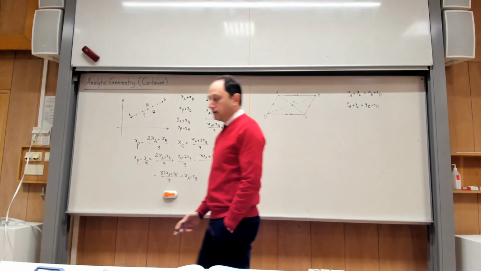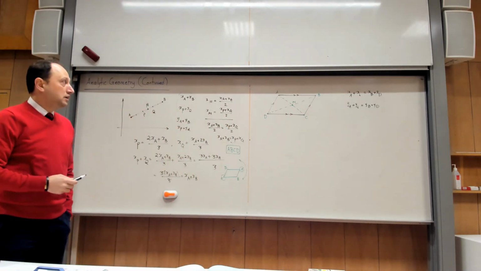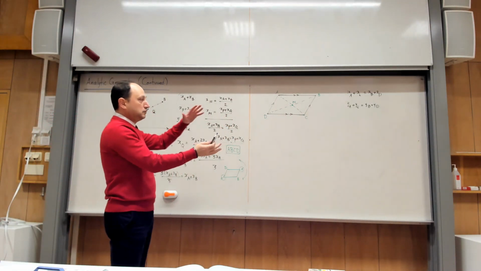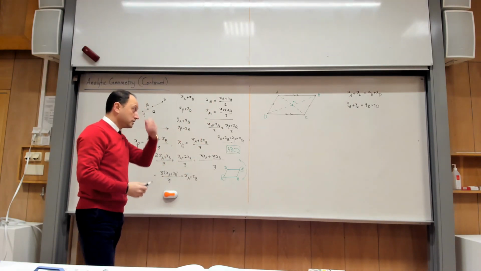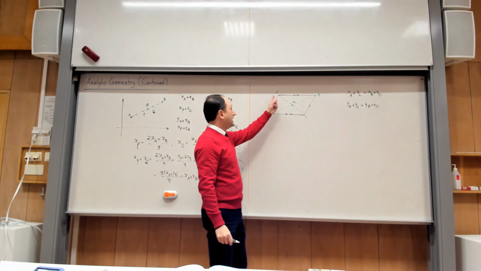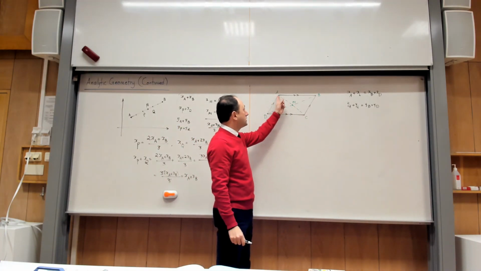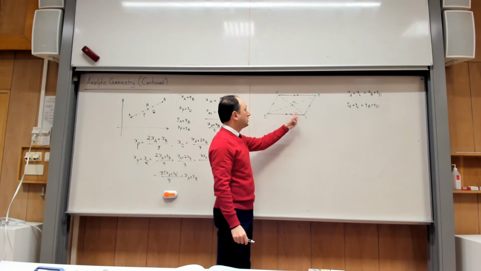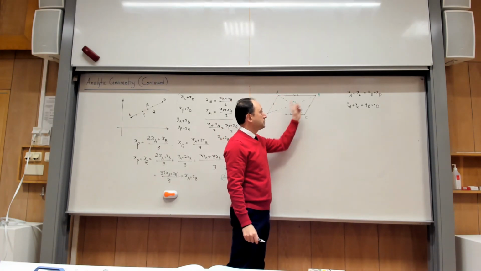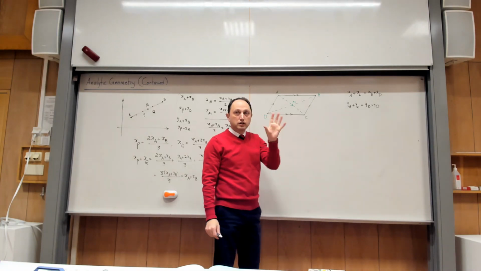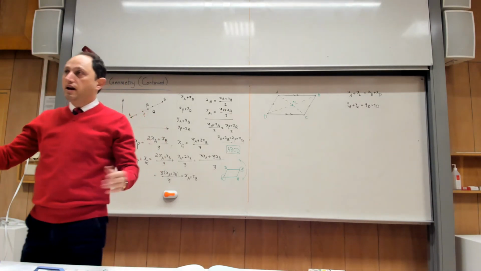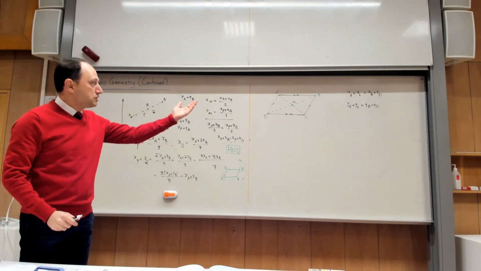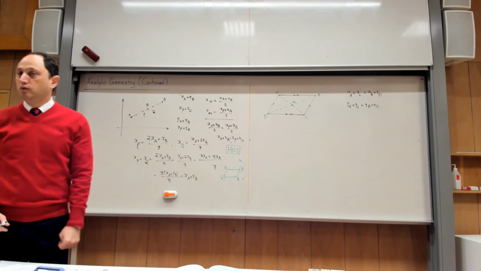If I have a parallelogram like this, it doesn't matter in which orientation you draw it, and it doesn't matter what the lengths of the sides are. Whatever it is, the sum of the x's of opposite points are equal. XA plus XC is always equal to XB plus XD, regardless of the orientation in the plane and regardless of the lengths of each side. And the same is true for the y coordinates. Why is that?